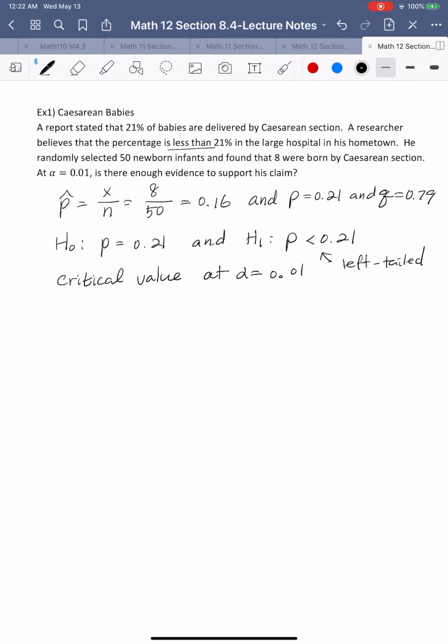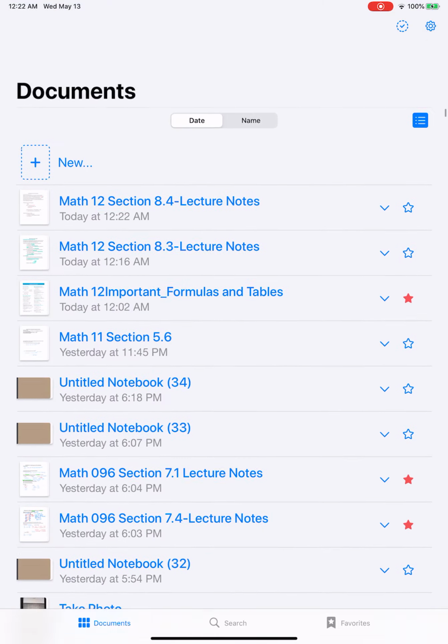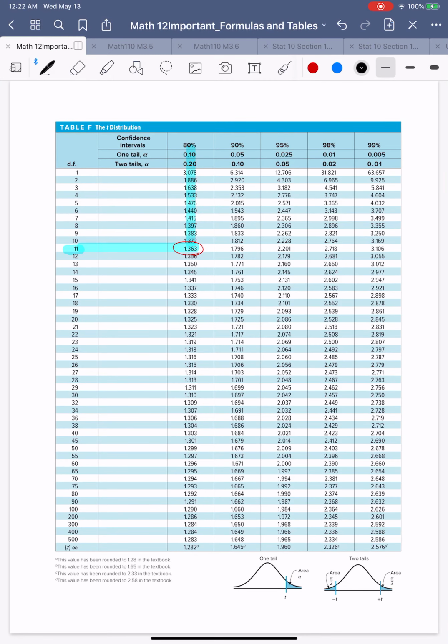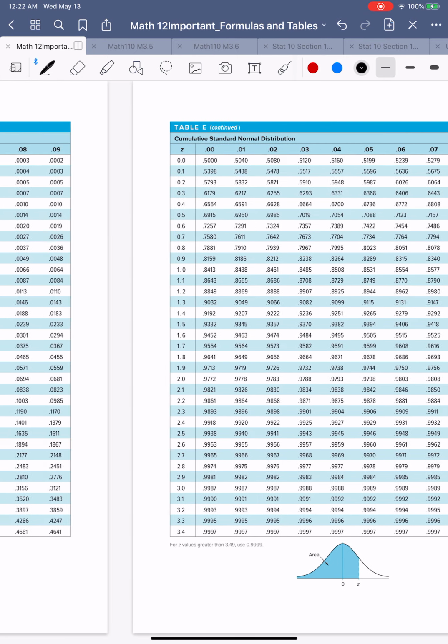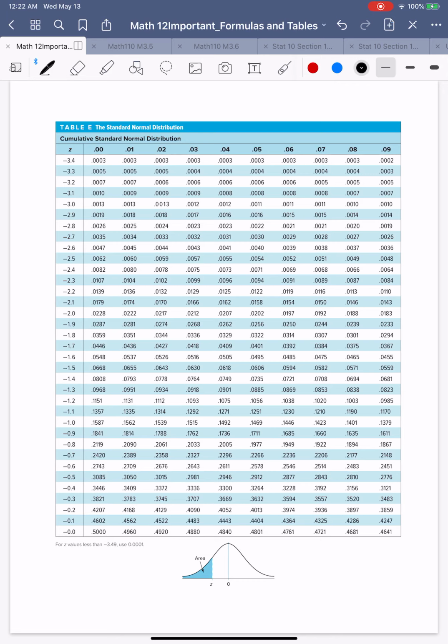We are looking for the critical value, using the z-score. If you go to the table and look it up, we have to use the z-score table this time. We are looking for alpha equal to 0.01.